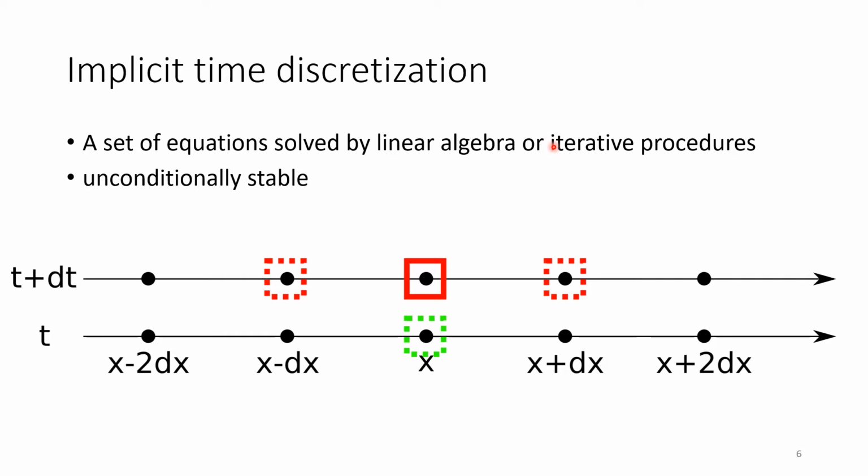We need to solve a set of linear equations, usually by some iterative procedures, to come up with this consistent formulation. So usually the computational overhead in an implicit time frame is a bit larger than for the explicit one, but you gain the unconditional stability.